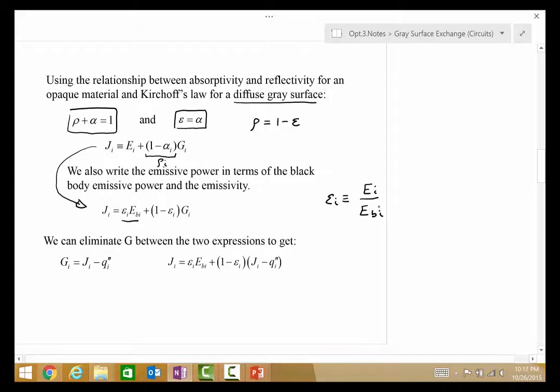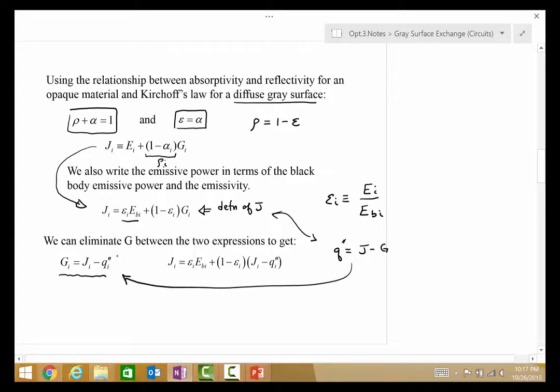What's interesting, though, is that this is our definition of J. This is the definition of the radiosity. But we also know that Q is equal to J minus G. So we have these two equations in terms of our parameters of interest, J, G, and Q. And here's our heat flux relationship in terms of G. We're going to substitute this G into this equation.